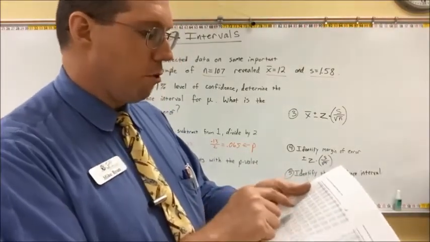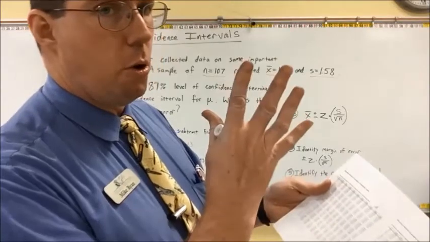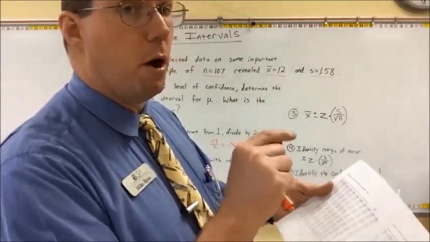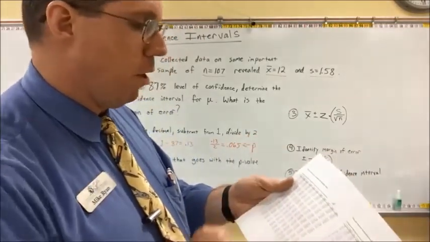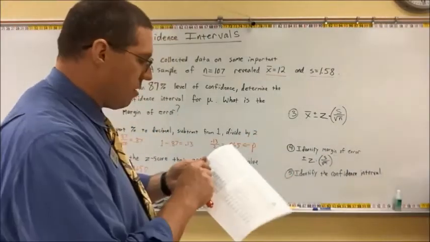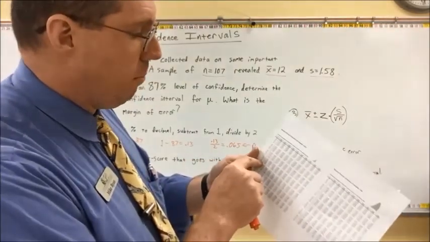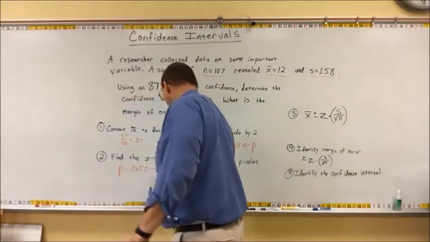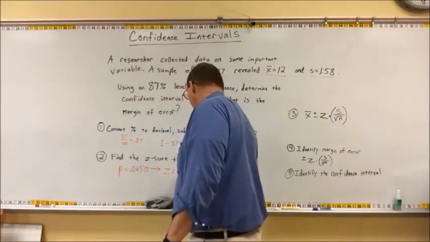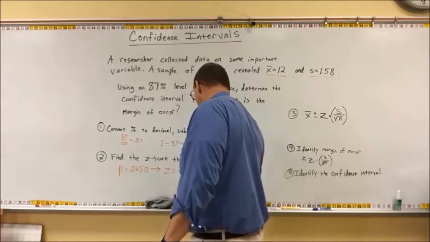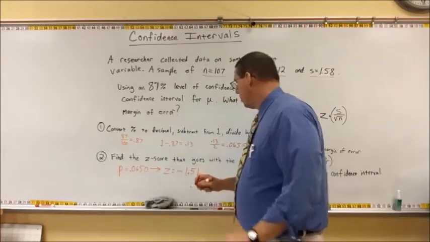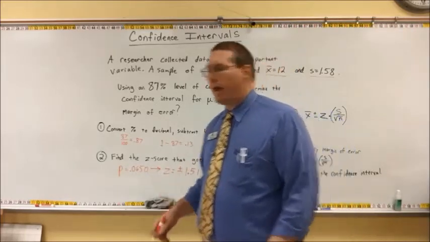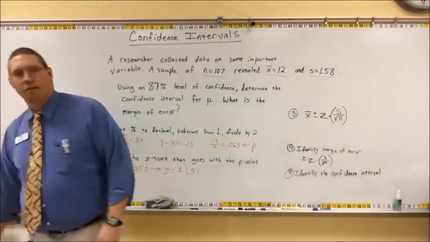Well, which one of those is closer? 0.0655 is 0.0005 away. 0.0643 is 0.0007 away, so we're going to go with 0.0655. And the z-score associated with that is negative 1.51, which becomes a z-score of 1.51. And remember, we want it to be plus or minus 1.51, and that's going to help us find our margin of error.